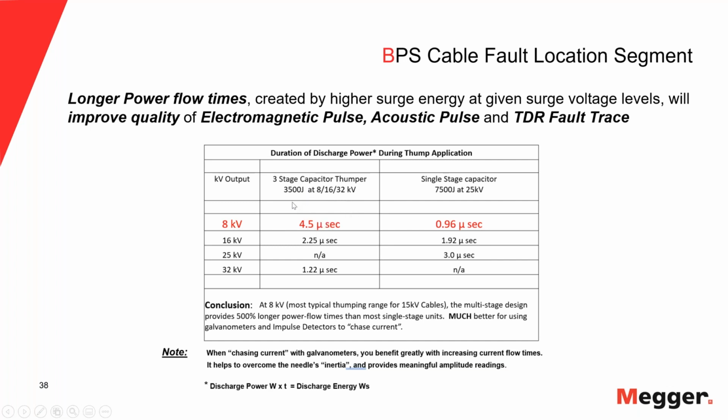And if I go with the big old thumper, 7,500 joules, at 8 kV, I have only 0.96 microseconds. So the flow of that energy is much shorter, and the energy is actually much less. That is why a multi-stage thumper is normally advantageous in these applications, because I can better adjust the energy I want to apply at a safe voltage to operate in my network system.